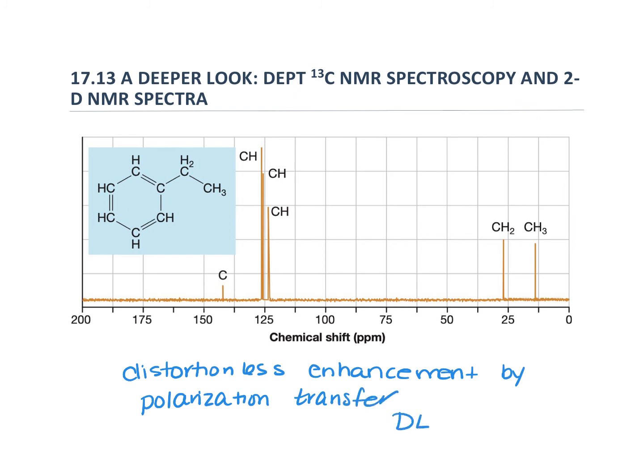And that's DEPT is what it's called. And that produces spectra where the signals given off by the carbon-13 nuclei depend on the number of protons attached to those carbons. And so frequently information from a DEPT spectrum is simply summarized in the normal broadband decoupled carbon-13 spectra that we can see here.